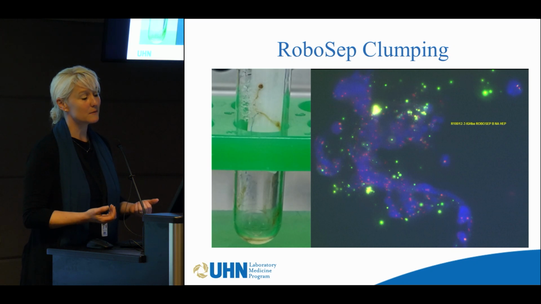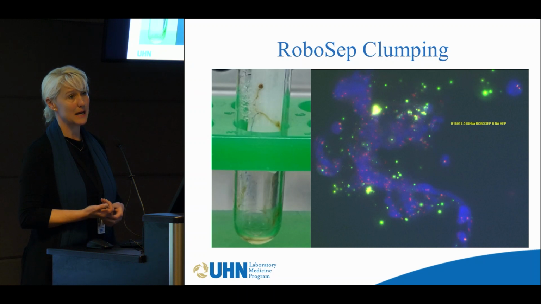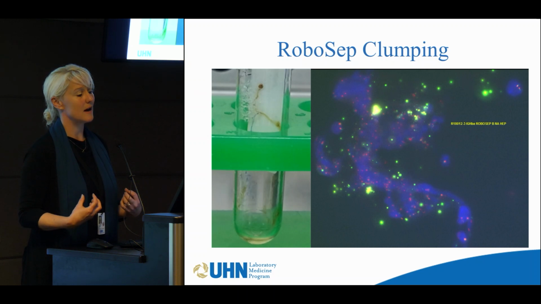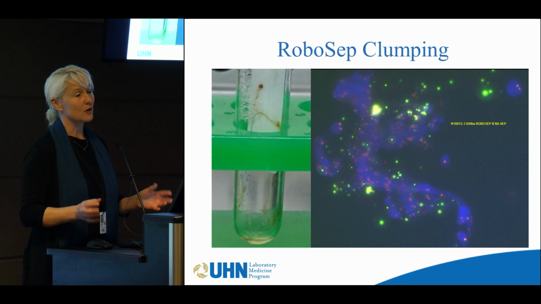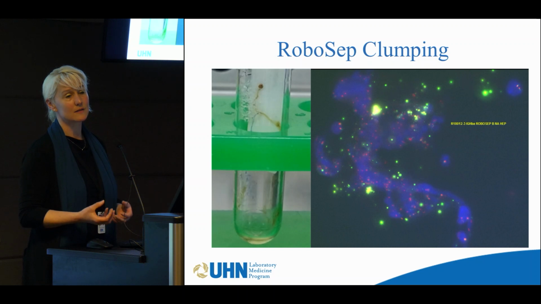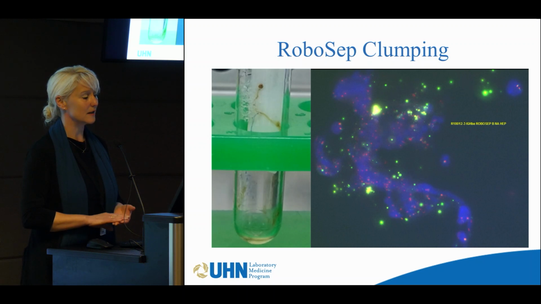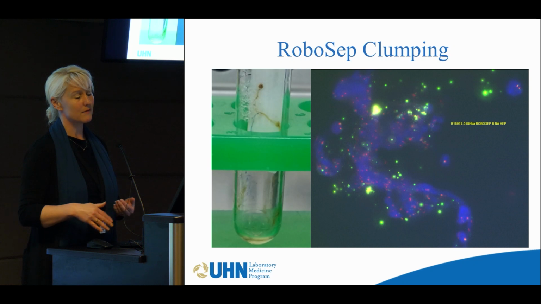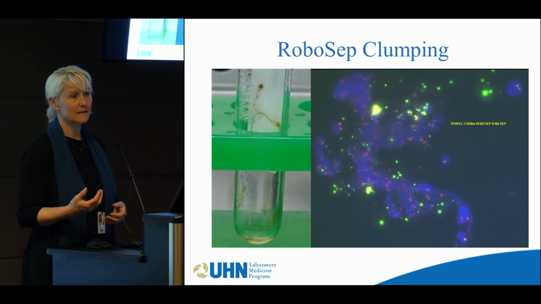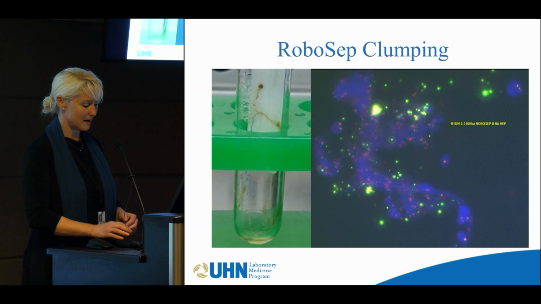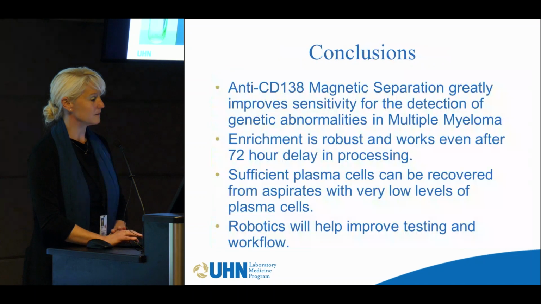And I've also read that some patients just have soluble factors within their bone marrow that can also encourage this clumping together of cells. Plasma cells are very sticky to begin with. So we've done more washes, added DNase, and so we're improving our final result.